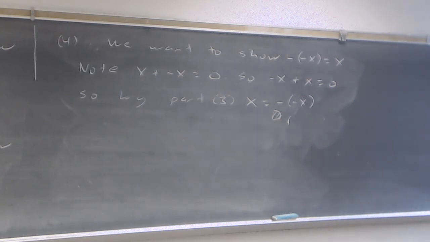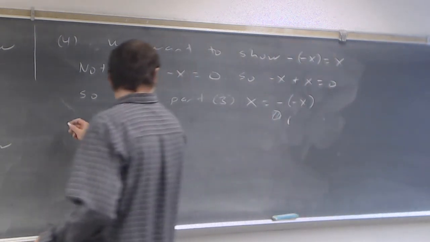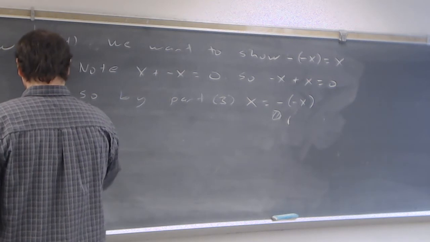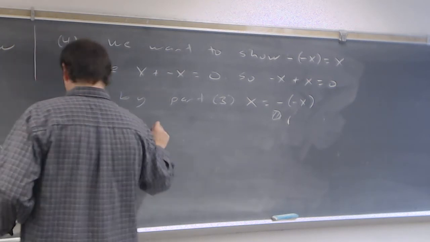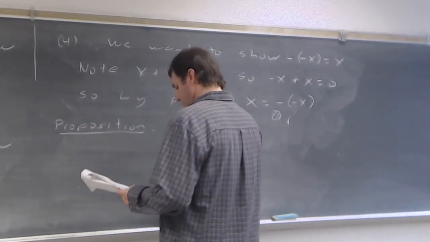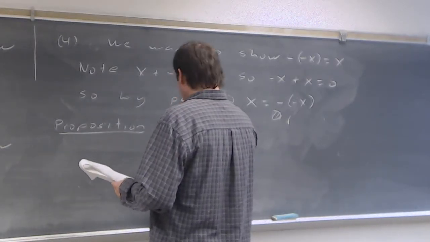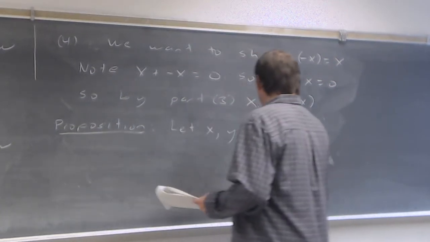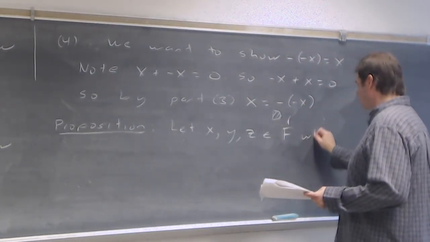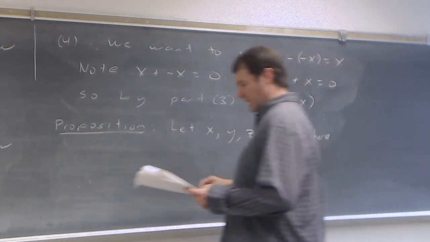Okay. The next thing that I want to do is look at another proposition. It's got 4 parts, and it has to do with multiplication. It says, let x, y, and z be in F, where F is a field.